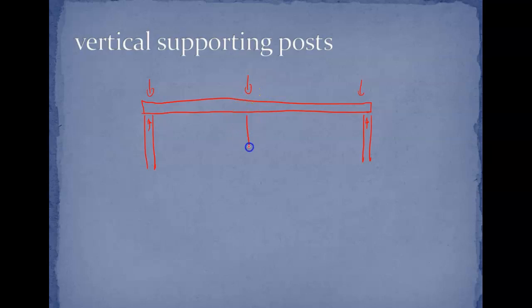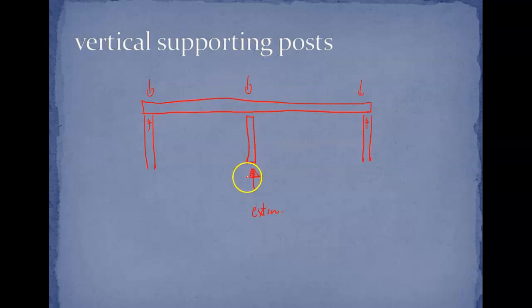Putting in an extra supporting beam, that extra vertical supporting column, can be used to hold up the weight. This really is used anytime we're trying to hold up weight. This is one of the things that we can do, is put in an extra column.